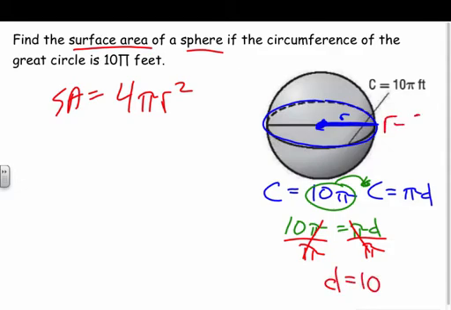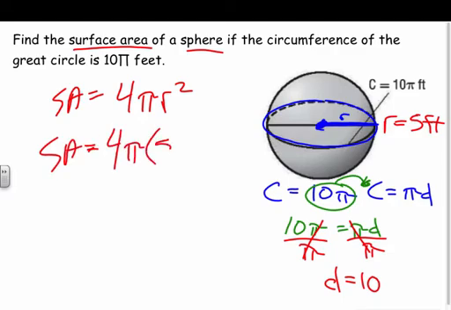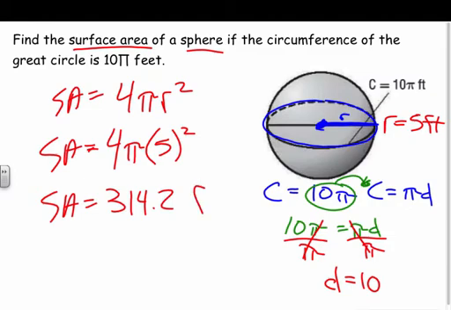So I know the radius is 5 feet. And now I can just plug it in. So now we're going back to find the surface area. 4 times pi times r squared. We found r to be 5, so 5 squared. And then we can type it all in. 4 pi, 5 squared, and we get about 314.2 feet squared, surface area.